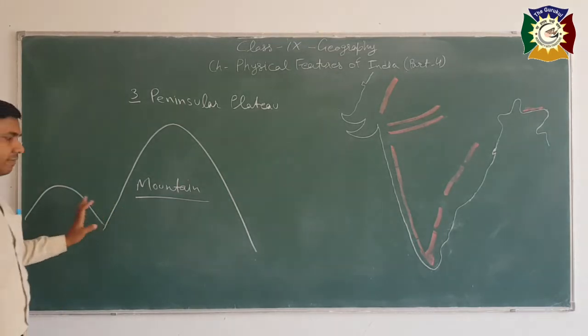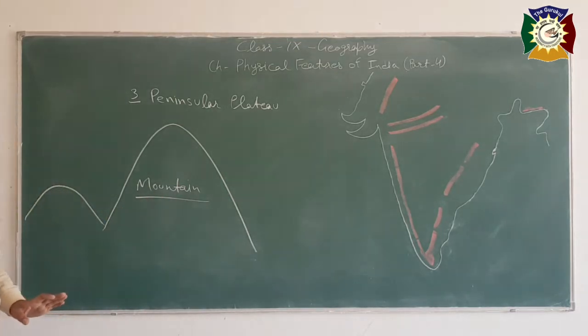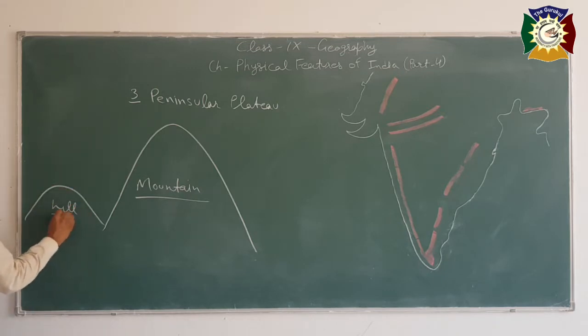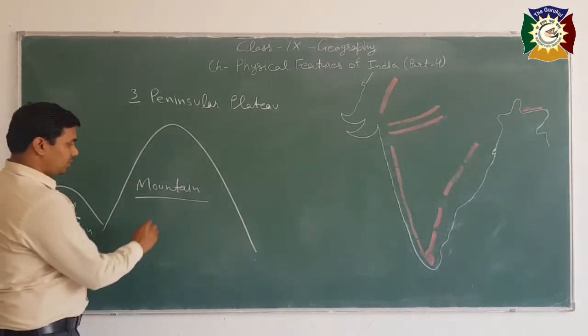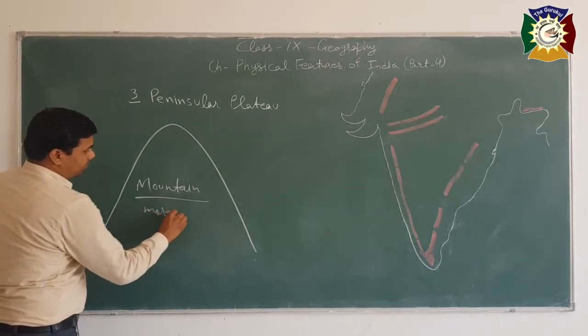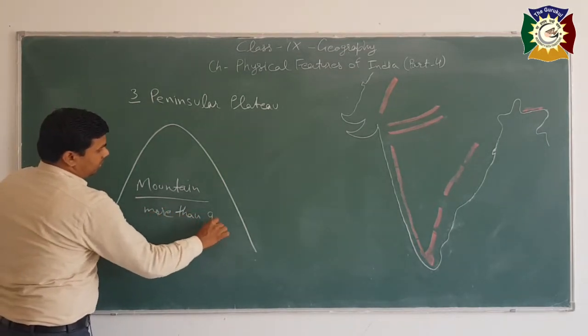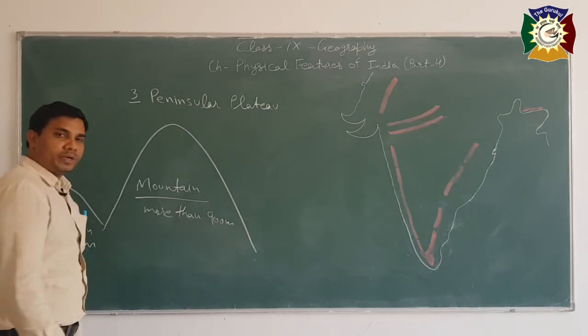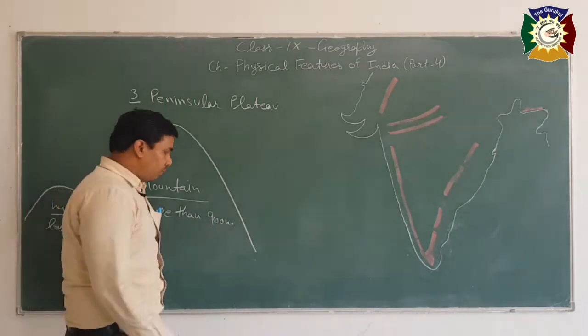Both of these have a conical shape, but the height of a hill is less than 900 meter and a mountain more than 900 meter. And what about plateau?